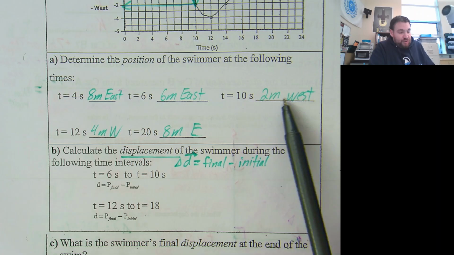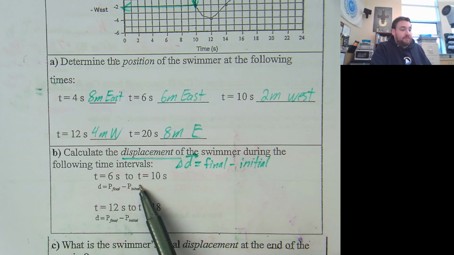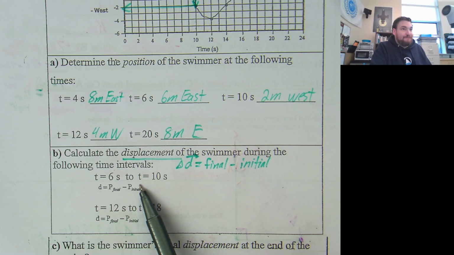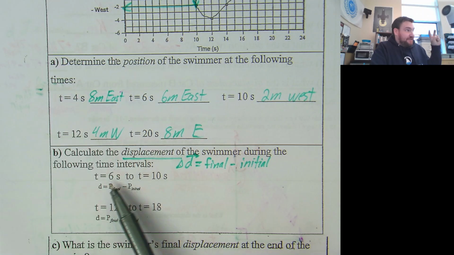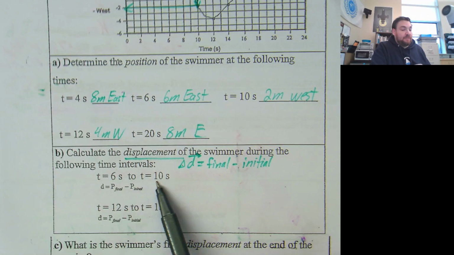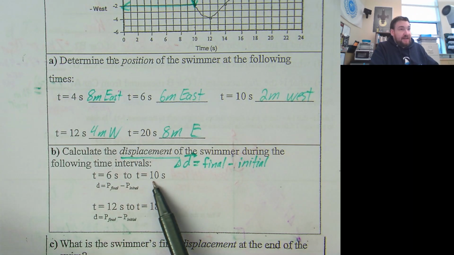At 10 seconds, they were 2 meters west. Using change in position equals final value minus initial value, which of these represents the final time for this interval? The 10 seconds. So what was the position at 10 seconds?